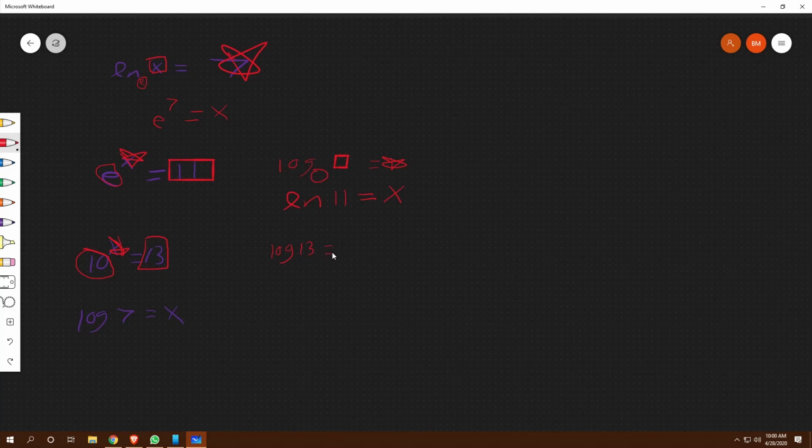The argument is 13, and then x. Here, I have no base written. That's because it is a 10. This would be my square, and that's my star. So it's circle to the star equals square. That's pretty straightforward, pretty simple. You just have to remember that base e is natural log. Base 10 is the common log. Those are automatic, and we don't want to write too much detail if it's understood.